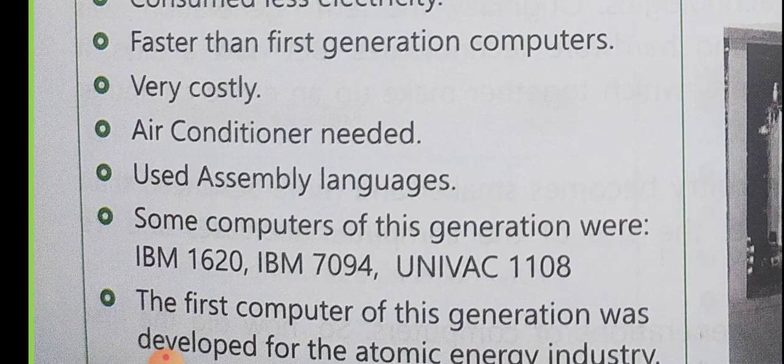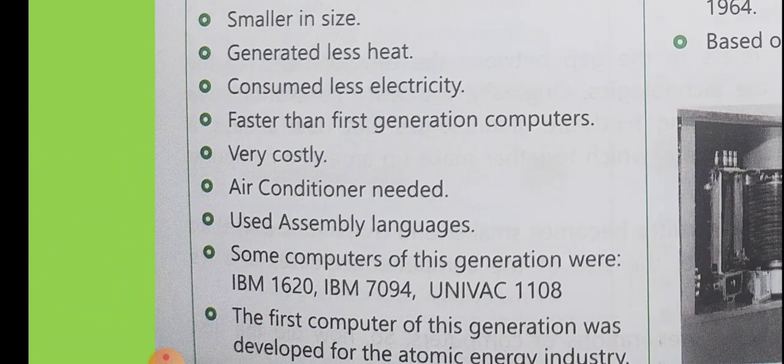So these are the two generations. The first generation starts from 1942 to 1954 and they used vacuum tubes, and the second generation time period is from 1954 to 1964, and they used transistors.